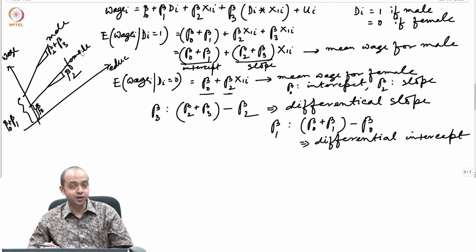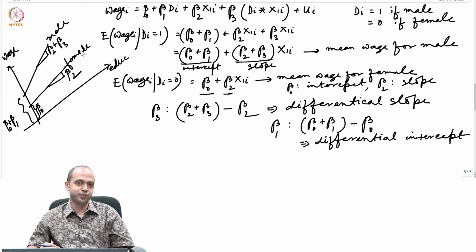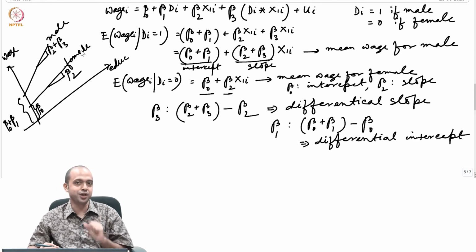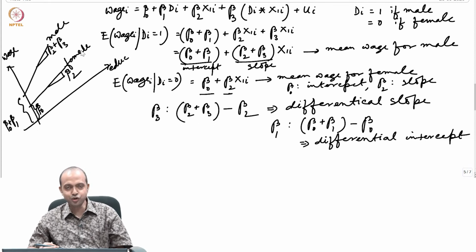If male laborers get 100 rupees increment, probably the female counterparts would be getting less than 100, 80, 90, 75, whatever might be the amount. That is what I am saying. Increment is there for both, but the amount of increment is more for the male category than their female counterparts.